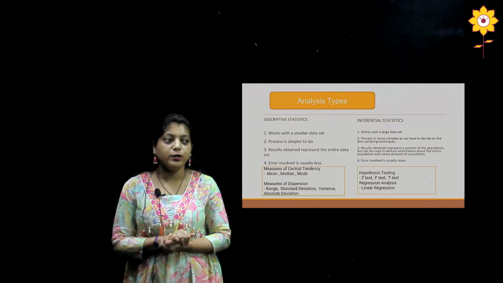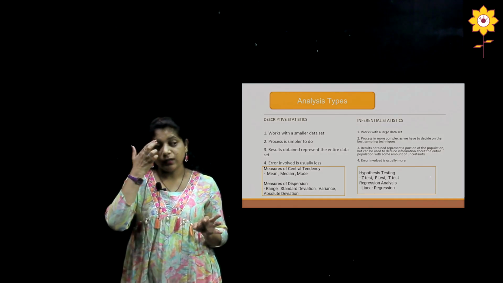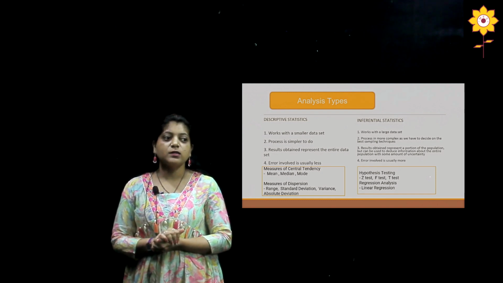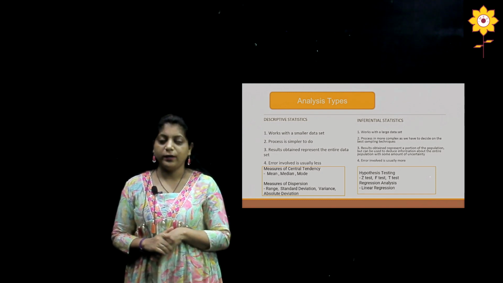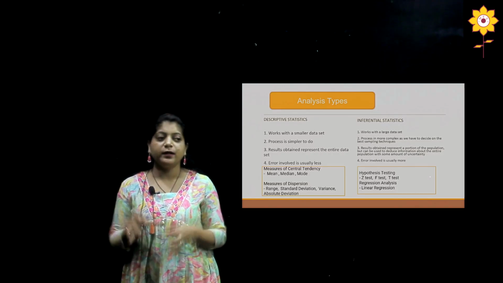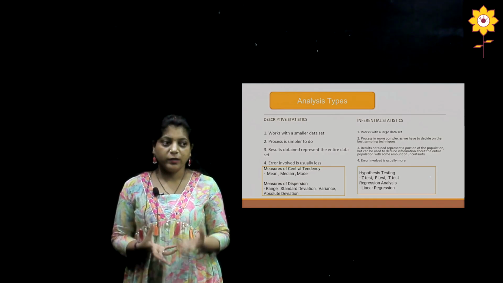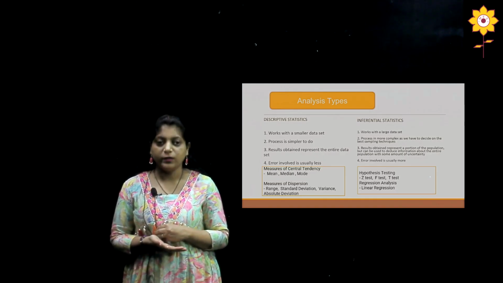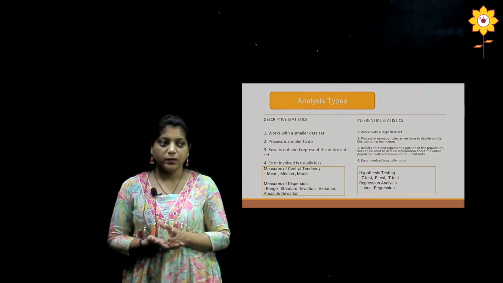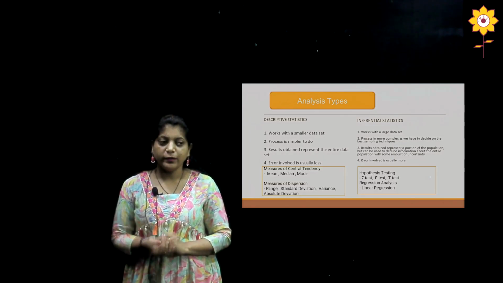Next, we have two types of analysis: the descriptive and the inferential analysis. Descriptive analysis works with a smaller data set, where we are working on historical data, the data which is already collected. We are finding the insights of that data by using various techniques like measuring the central value of the data.